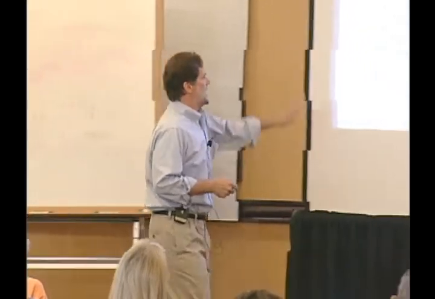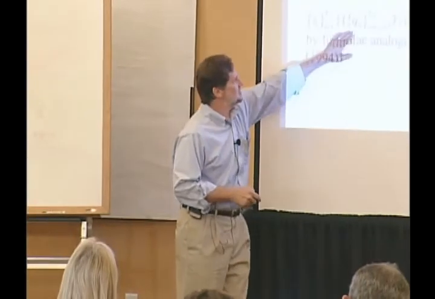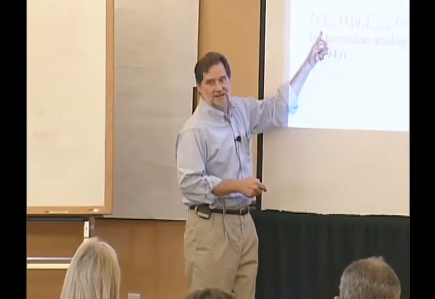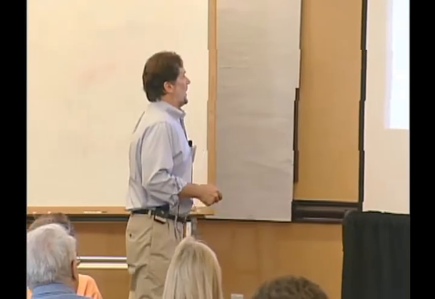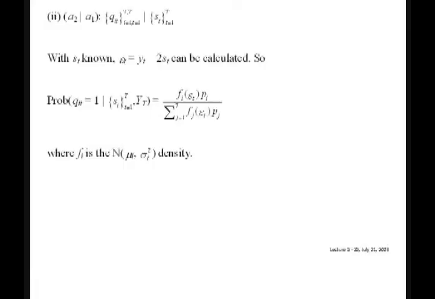Okay, so I know how to draw from these guys given these guys. Now, how do I draw from these guys given these guys? Well, that's pretty easy too. That's actually really easy, because if I know S, then I know epsilon, right? And epsilon's just a mixture of normals.